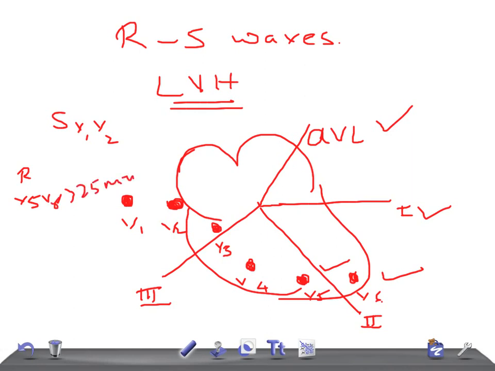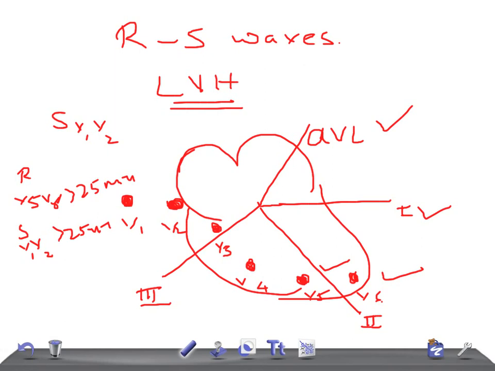That indicates left ventricular hypertrophy. Or the S waves in V1 and V2 exceed 25 millimeter. Again, as I said, up to 25 is normal. If they are exceeding more than that, it's abnormal.